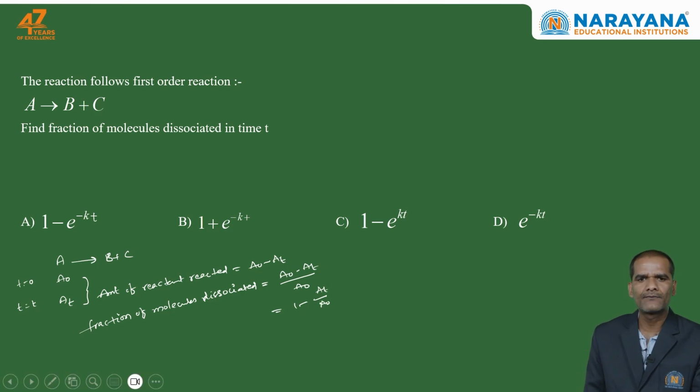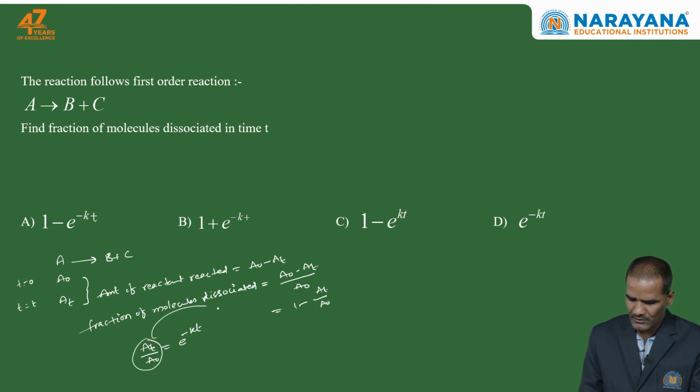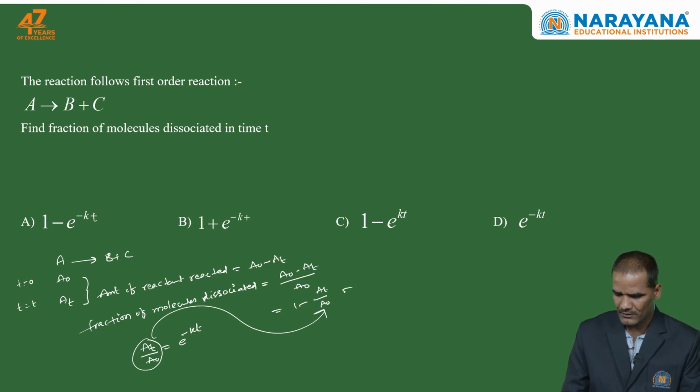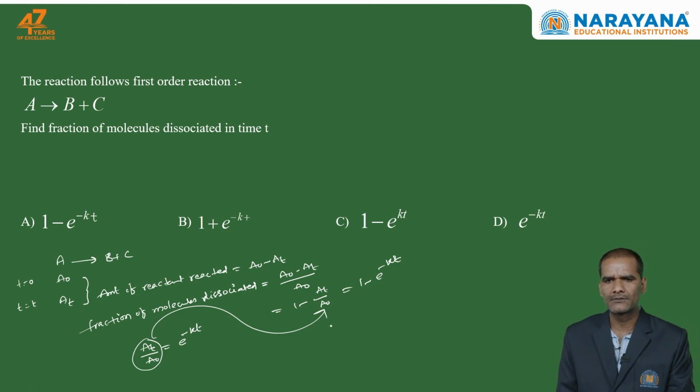Also we know that from first order kinetics, the ratio of the amount of reactant left after some time to the amount of reactant taken initially is equal to e power minus kt. If we substitute this At by A0 value here, we get 1 minus e power minus kt. So this is the fraction of molecules dissociated.